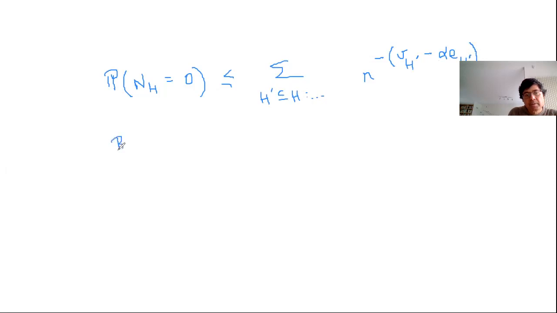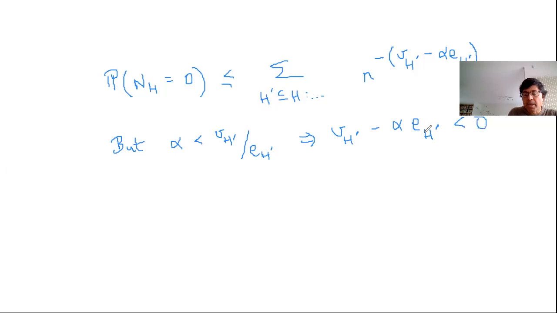But alpha is smaller than VH' over EH', which means that this quantity here, VH' minus alpha EH', is strictly negative.